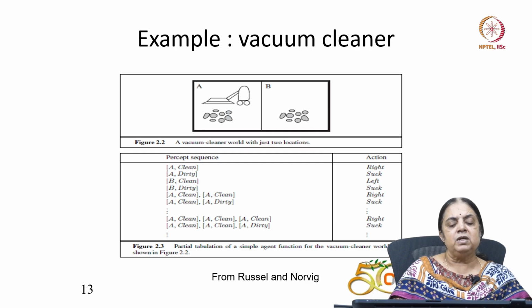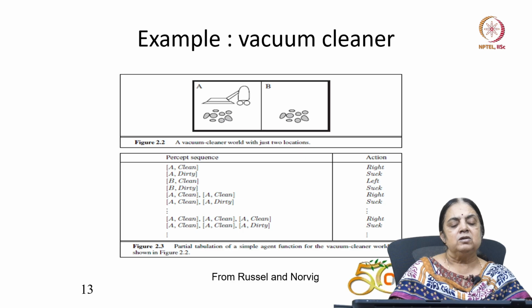If we take the vacuum cleaner, for example, you have a system where you have two rooms A and B, where you may have dirt or you may not have dirt, and you have one vacuum cleaner, which can be either in A or in B. There are certain actions that it can take. The actions that it can take are right, left, and suck.